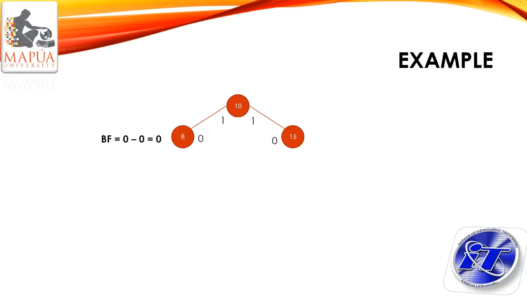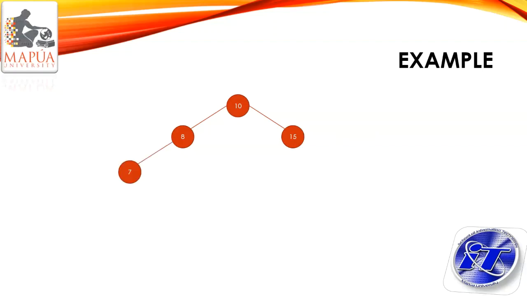While for node 15, since we don't have a child node, same as with 8, 0 minus 0 is equal to 0. But for node 10, we have 2 children. So balance factor, height of the left minus height of the right. So 1 minus 1 is equal to 0. Since all balance factors are equivalent to 0, therefore, this is an AVL tree.